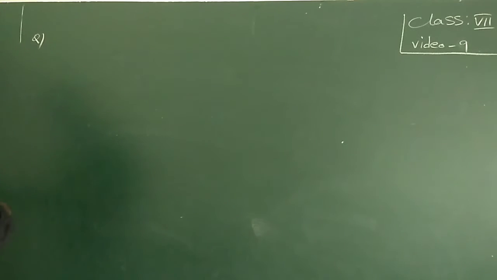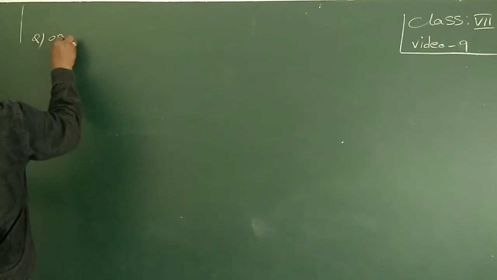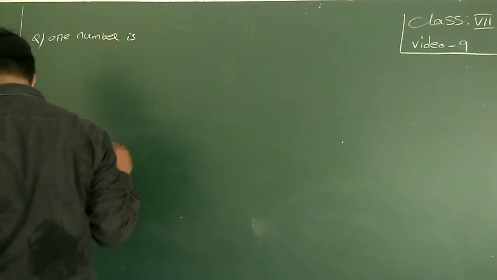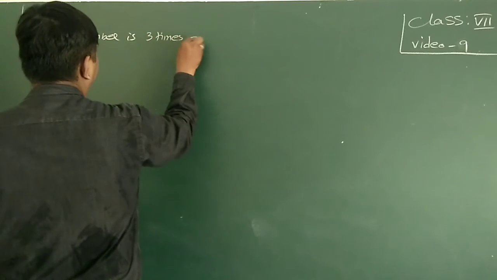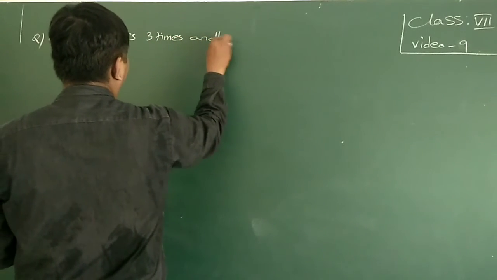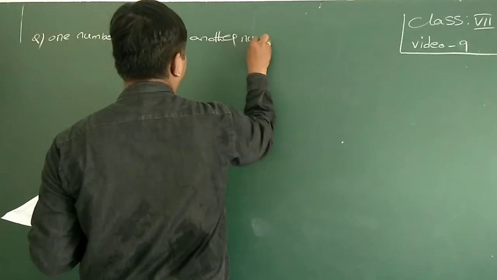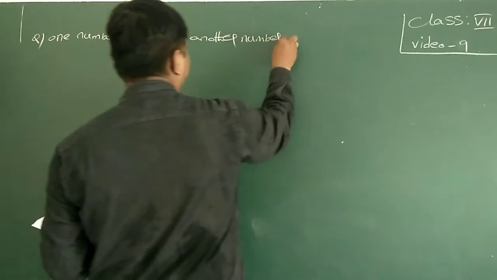Now the next question: one number is 3 times another number.